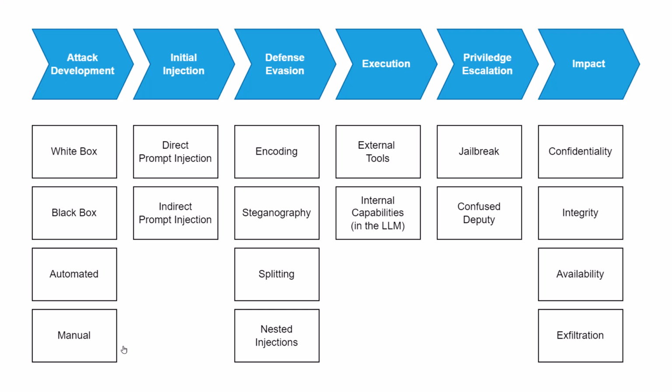This will allow us to target and exploit those insecurely designed plugins, or maybe that excessive agency where the LLM has more access to a backend system than it probably should. And then that can lead to things like privilege escalation from either jailbreaks or using it as a confused deputy. And then of course, that impact is that CIA triad, which is confidentiality, integrity, availability, and exfiltration. So that's going to be our data privacy.